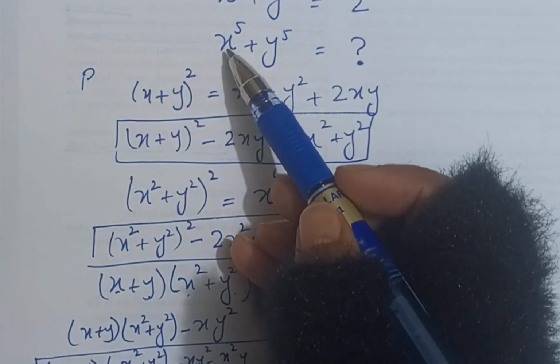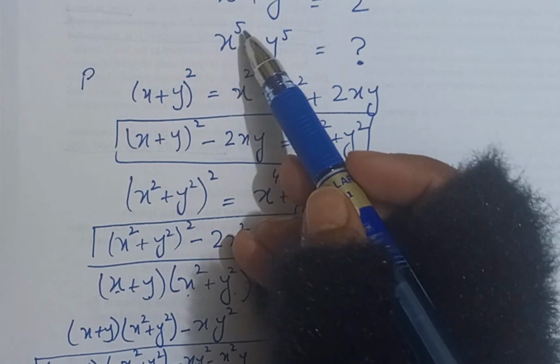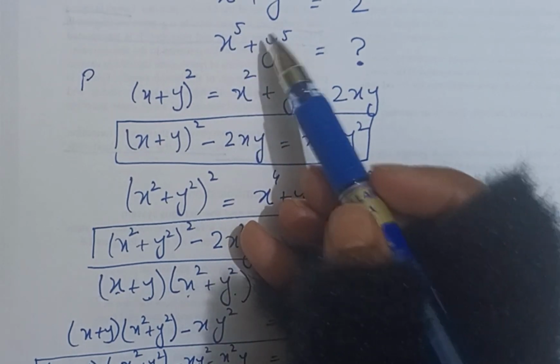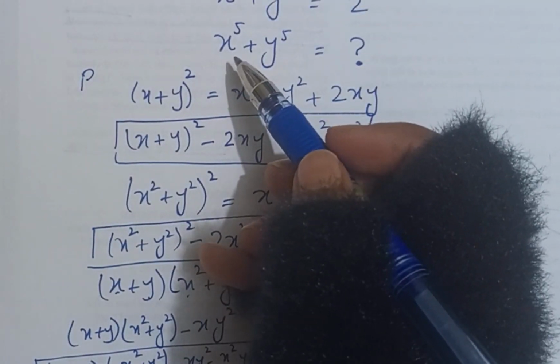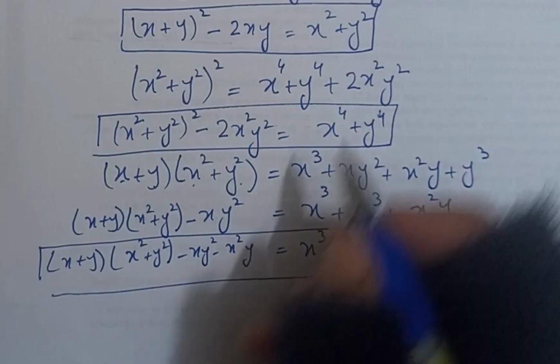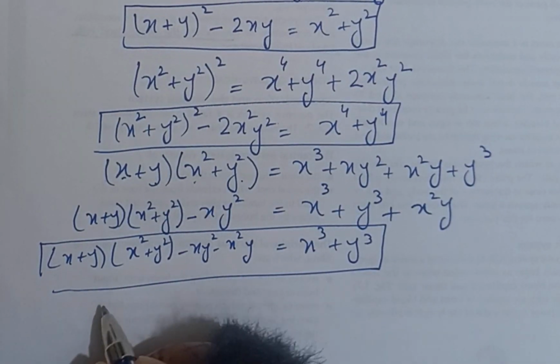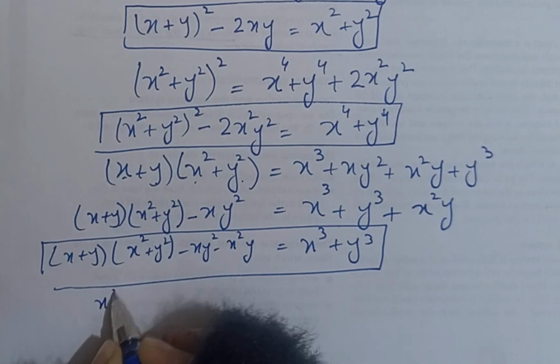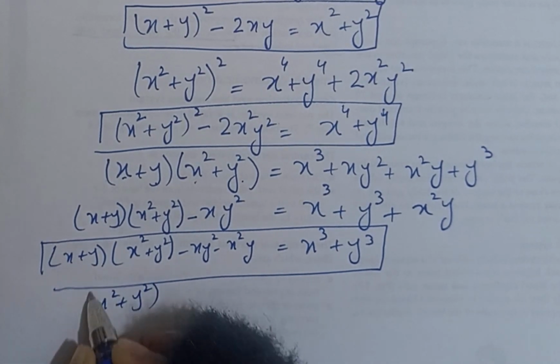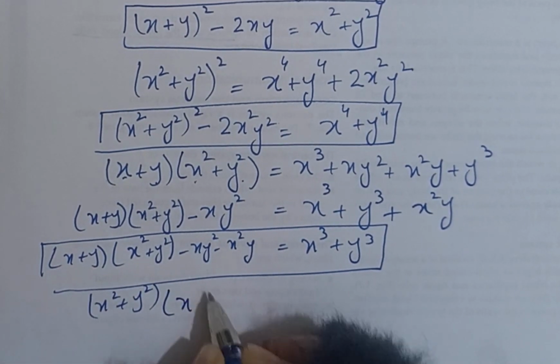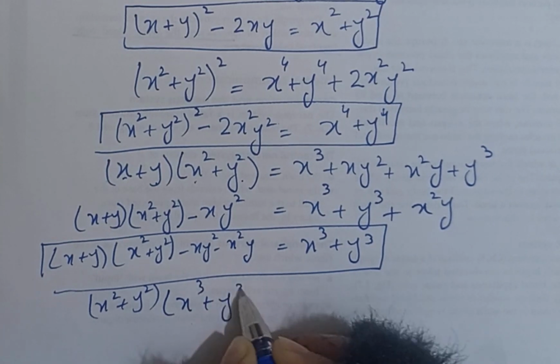We basically find the value of x raised to the power 5 plus y raised to the power 5. So to find this value, we use an identity, which is (x square plus y square) multiplied by (x cube plus y cube).